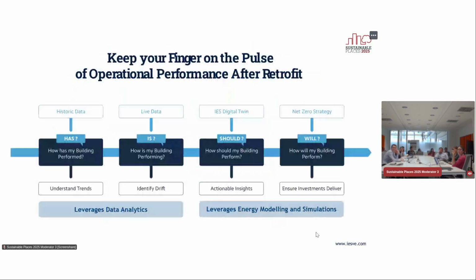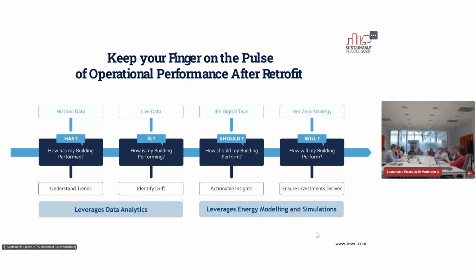So basically, what you then do, just to bring it all together into one timeline, looking at an existing building, we start being able to answer, how has my building performed in the past? So we look at historical data and the data analytics. We look at the past and the present. Then the question is, how is my building performing now?